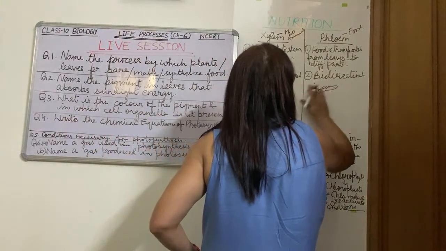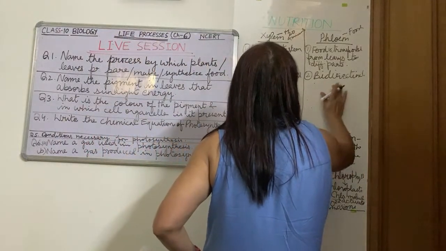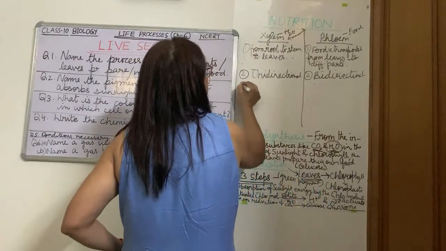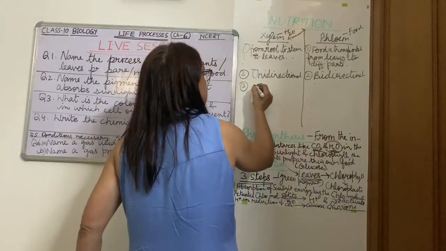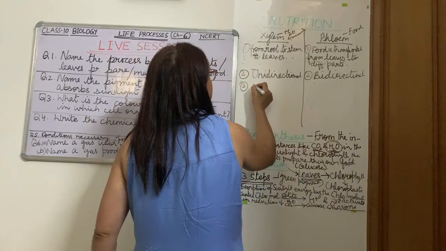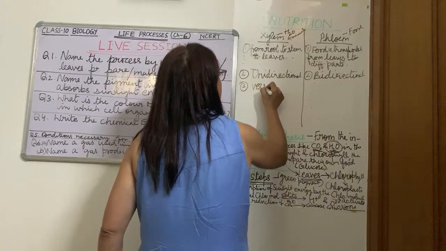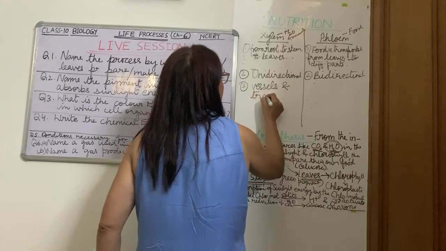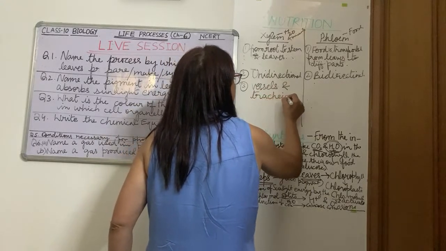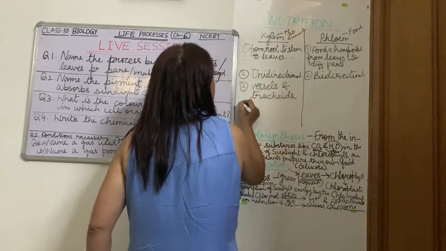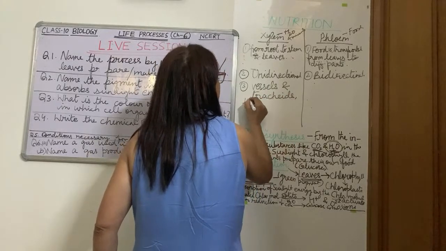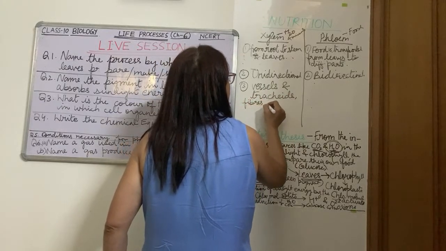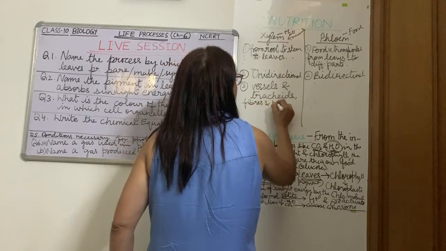Then you know in the structure there are differences. This xylem is composed of cells known as vessels and tracheids, plus the xylem fibers and parenchyma.